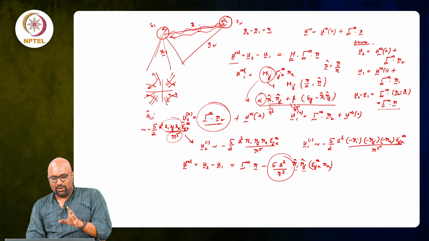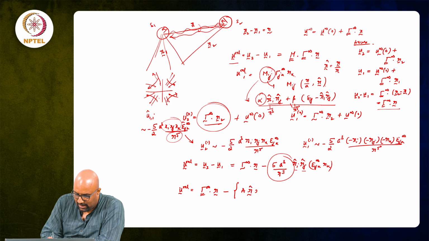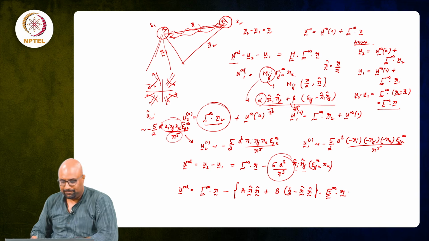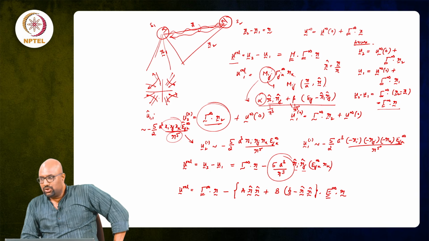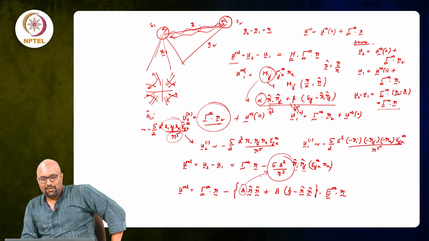If you write this down, the general expression for the relative velocity is gamma infinity dot r, and then with a negative sign a r hat plus b delta minus r hat dotted with E infinity dot r. So, this is the general expression, where we calculated that a at leading order is 5 a cube by r cube, and you can similarly try finding b, but they are purely functions of separation.